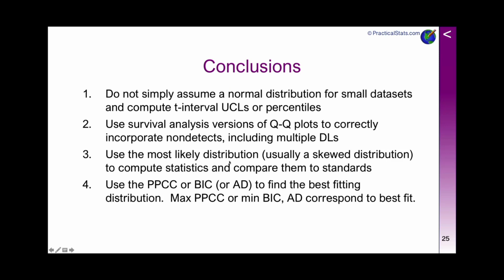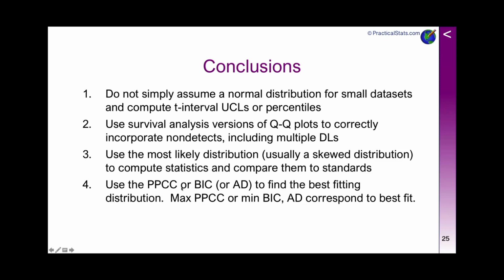Then they'll give you some numerical measures to decide what's the most likely, the best fitting distribution, and you can compute statistics and compare them to standards. Use the PPCC, or perhaps better, the BIC, or the Anderson-Darling, AD statistic, to find the best fitting distribution. Oftentimes, software will have more than one of those.